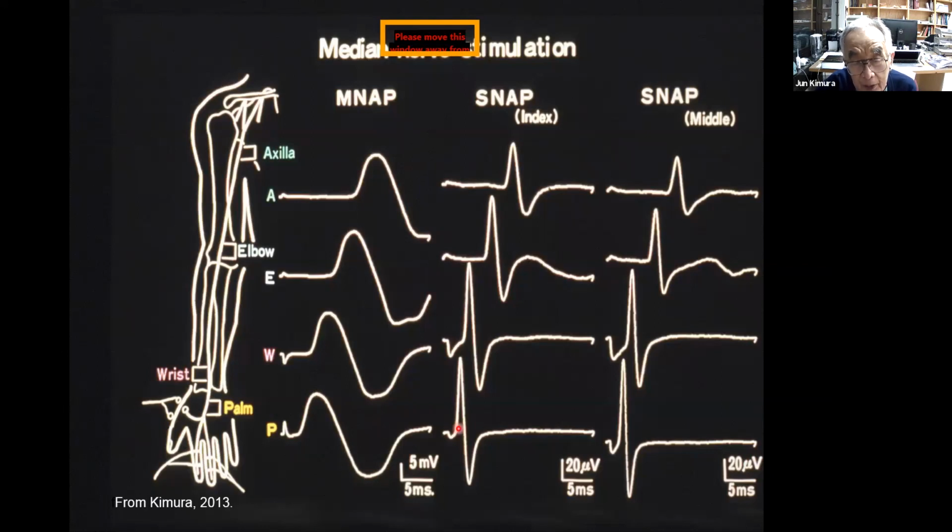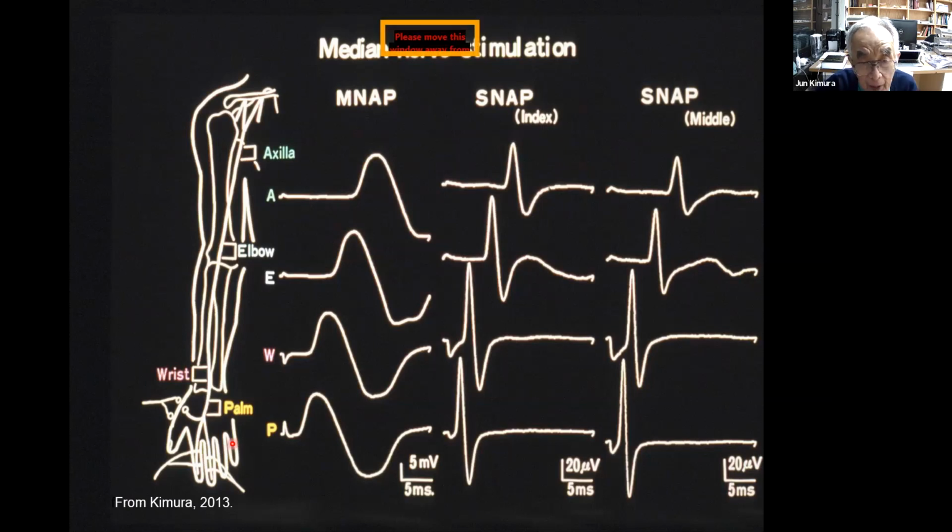But when you look at the antidromic sensory potential recorded from index or middle finger, the action potential is becoming smaller and smaller, and this is really very small, 1/3 compared to the distal stimulation, and this is almost 1/4 compared to the palm stimulation. You follow what I'm saying?